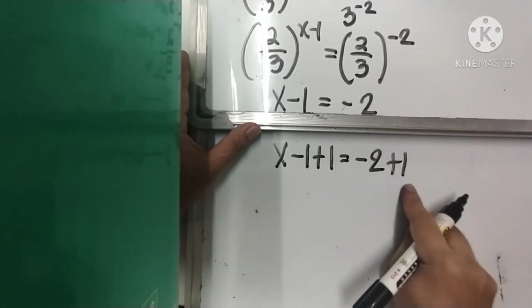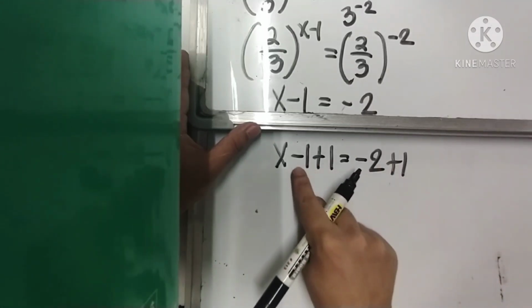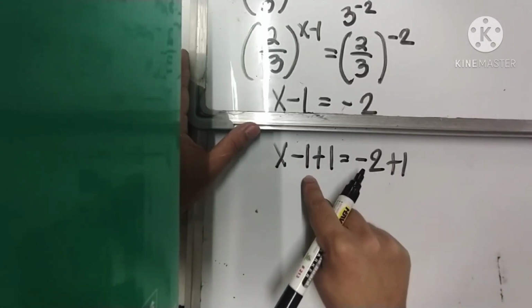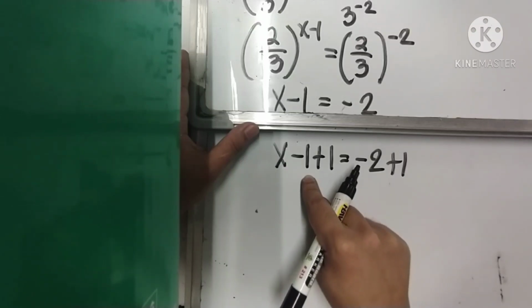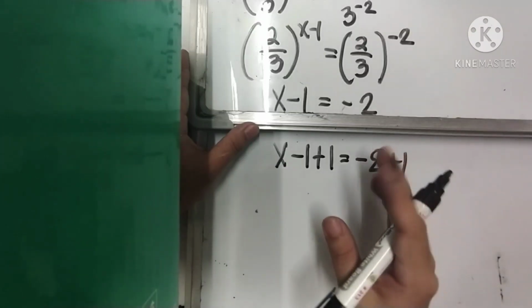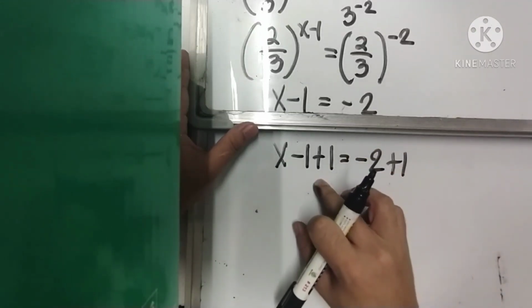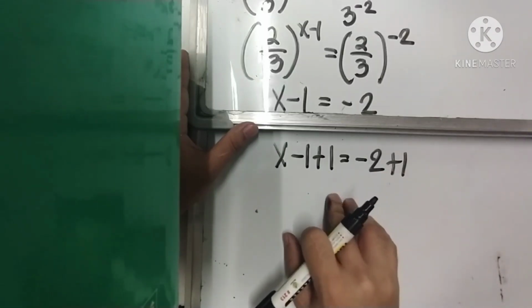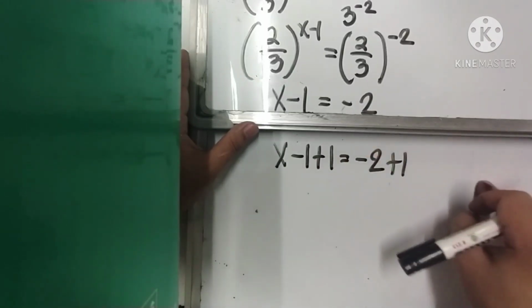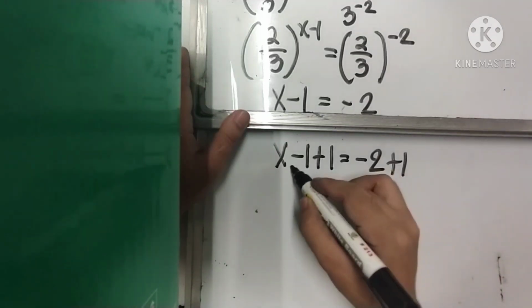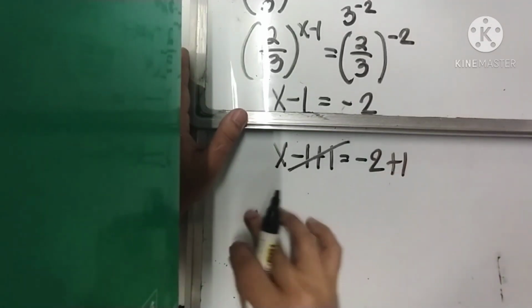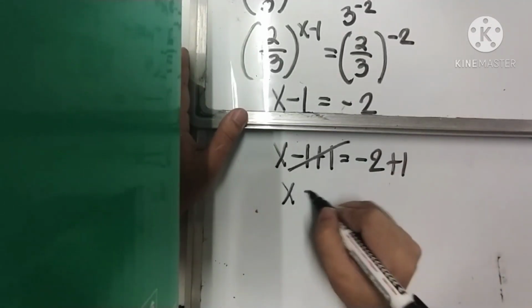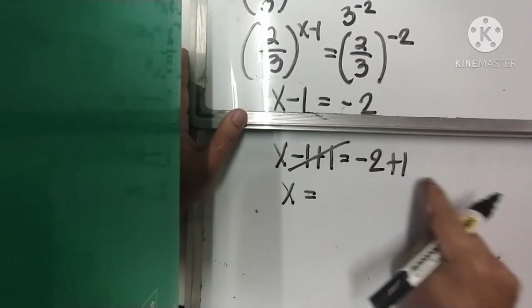We add 1 so that negative 1 on this side will be cancelled, becoming 0. 1 minus 1 is 0. So what remains on this side is x is equal to negative 2 plus 1.